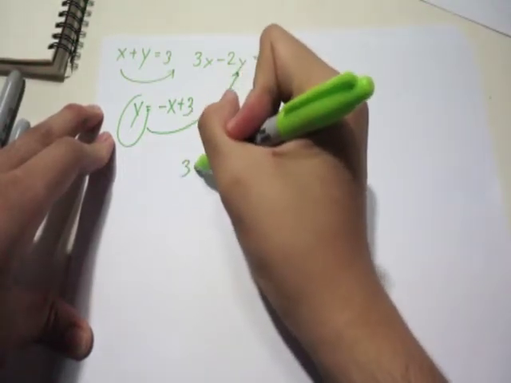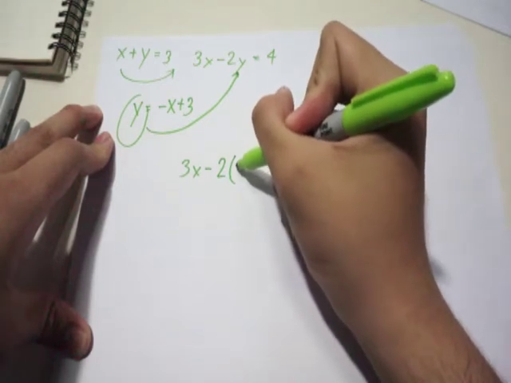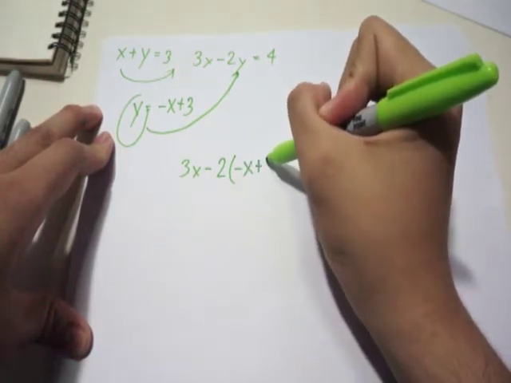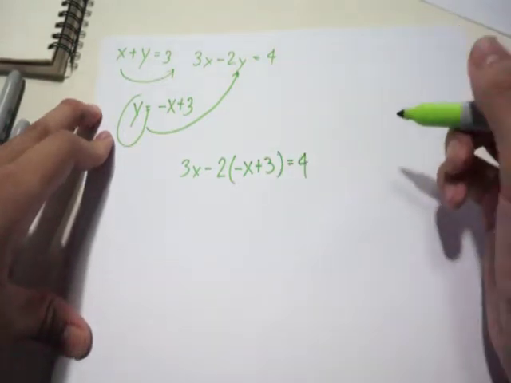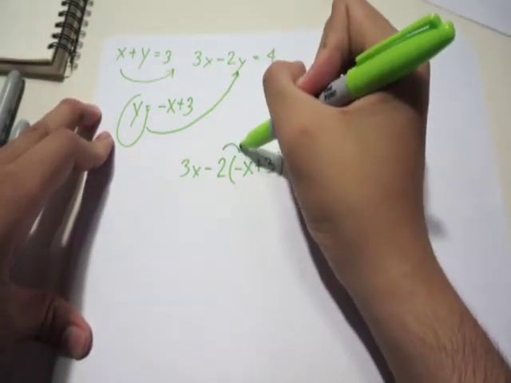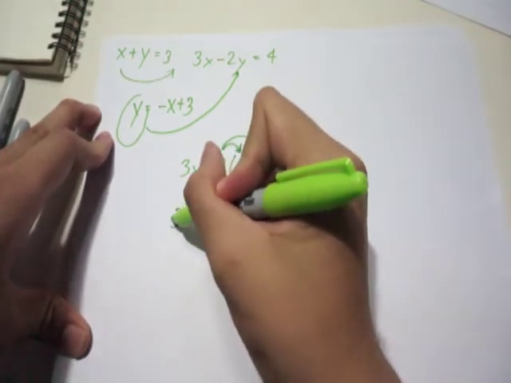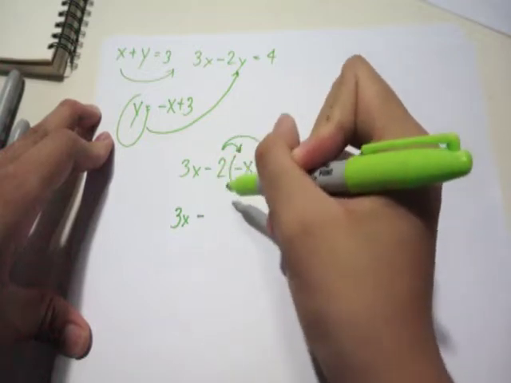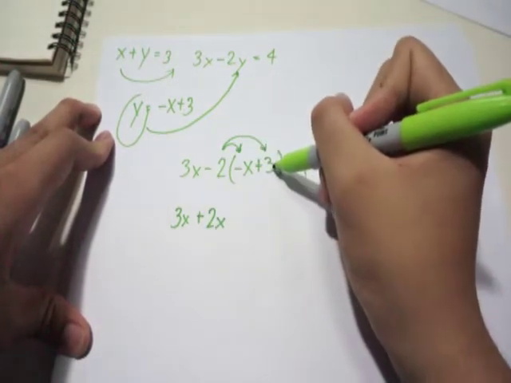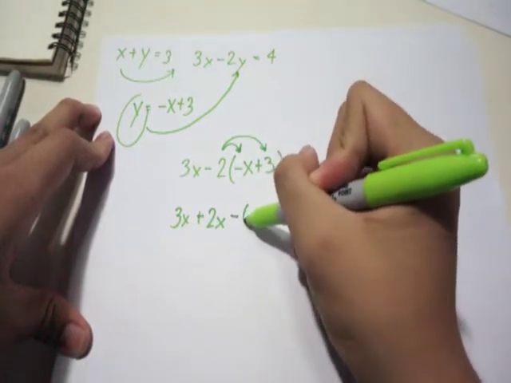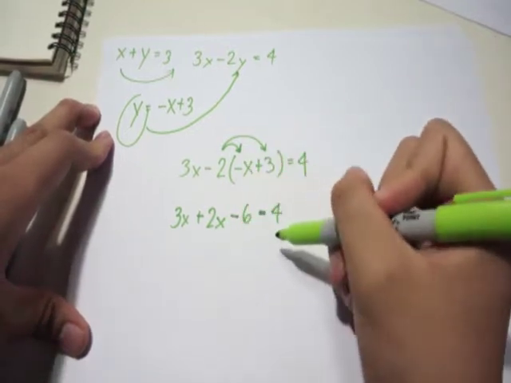So it's gonna be 3x minus 2, and in the bracket we'll have negative x plus 3, and all of them equal 4. Then we do the normal equation process by distributing the 2 inside this bracket: negative times negative will be positive 2x, and negative times positive will be negative 6, equals 4. And we're gonna clean this up a bit.